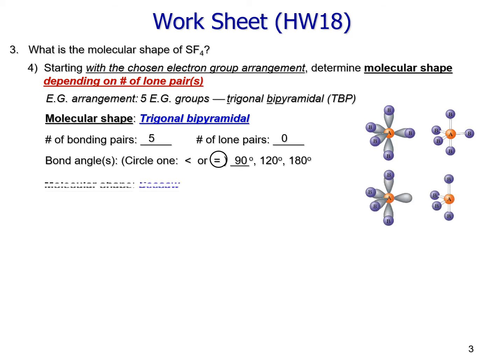All right, now what happens if we do have a lone pair like this? So this is our lone pair, still sticking out, occupying space because it's a pair of electrons. However, there's no bonding atom on the other end.